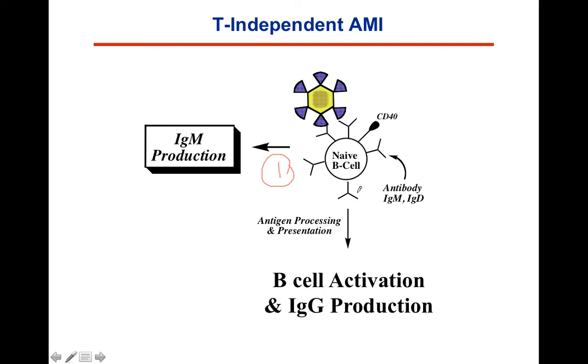And then as you undergo antigen processing, you'll start to get B cell activation and then IgG production. So this gives the host some ability to start making antibody that could be fairly protective to begin with. This part would be 2 here.